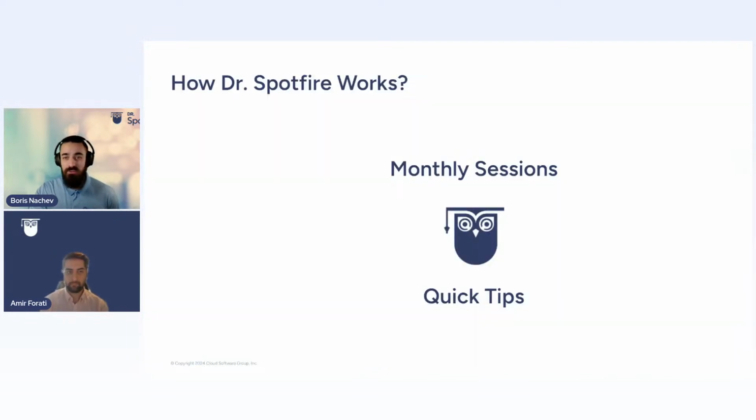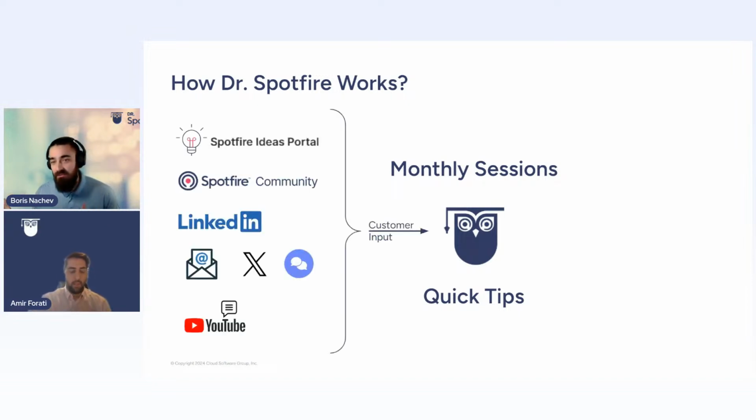So how does Dr. Spotfire work? Dr. Spotfire is a program aimed at helping, as I mentioned, new and advanced Spotfire users. It's hosted by Spotfire experts in data science and customer success. It consists of feature sessions like this one and quick tips. These quick tips are monthly.